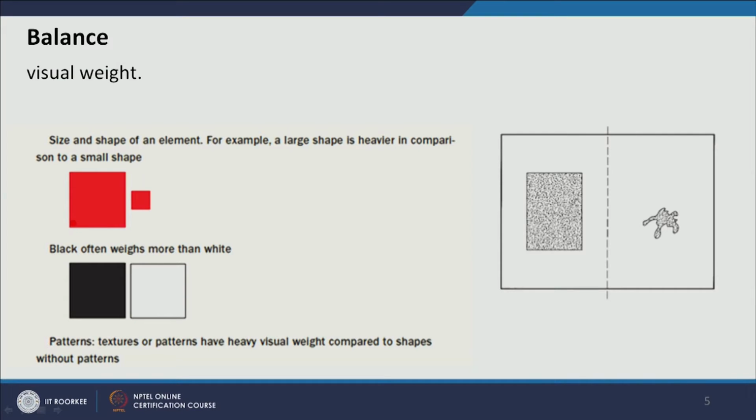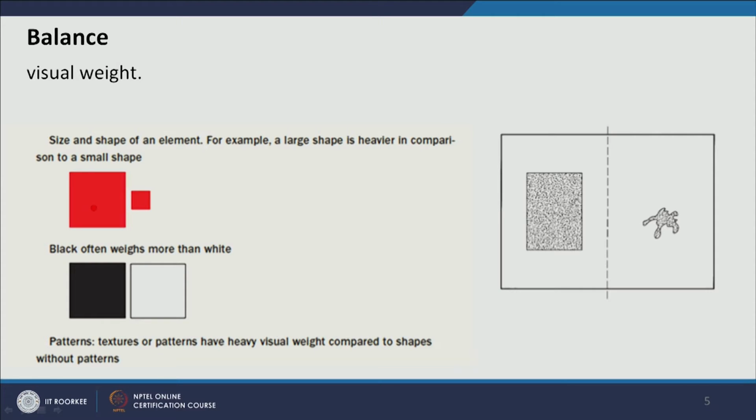By varying shape, color and texture, we can have different kinds of visual weight. For example, in the first image there is the same shape, a square: a bigger red square and a smaller red square.